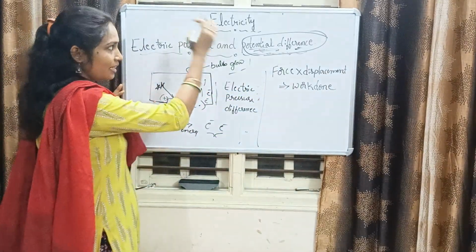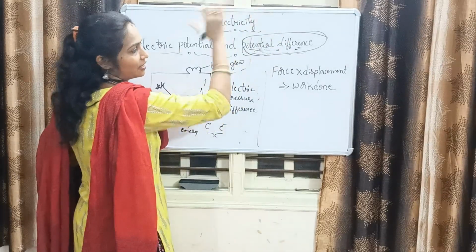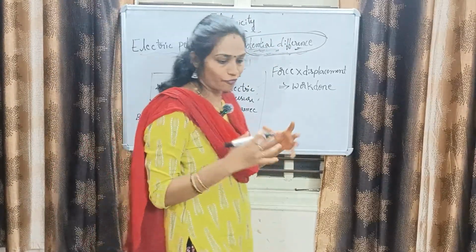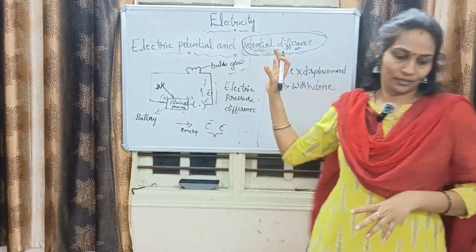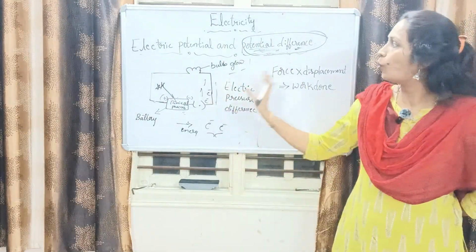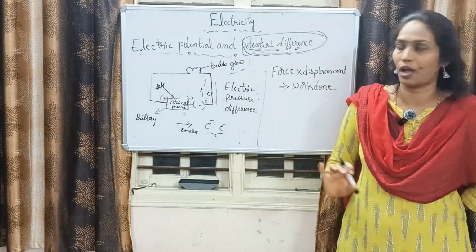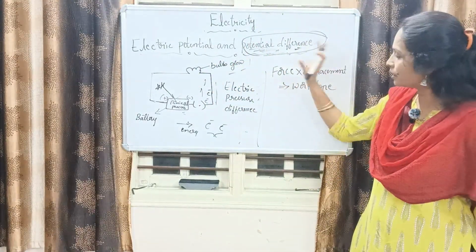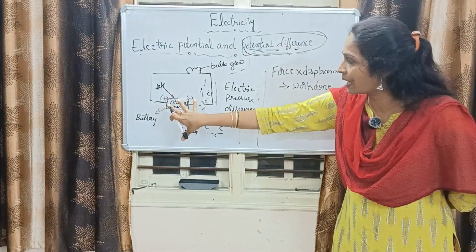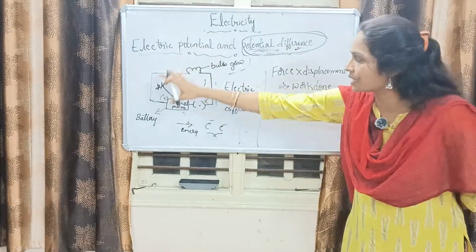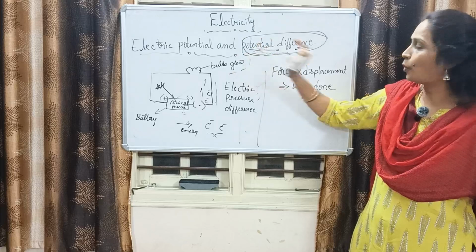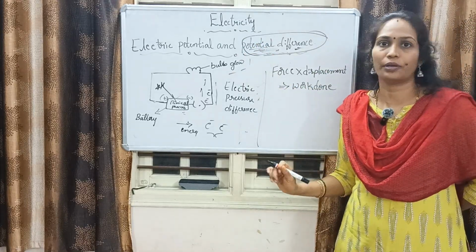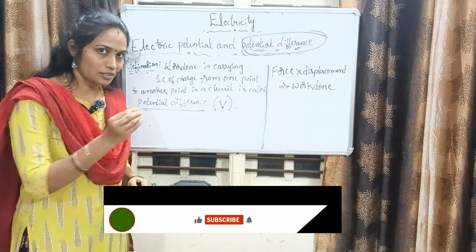Then now tell me, what is potential difference? The amount of work done in carrying 1 coulomb of charge. That is, how much work is done inside this battery generates a potential difference. That is what we discussed just now.